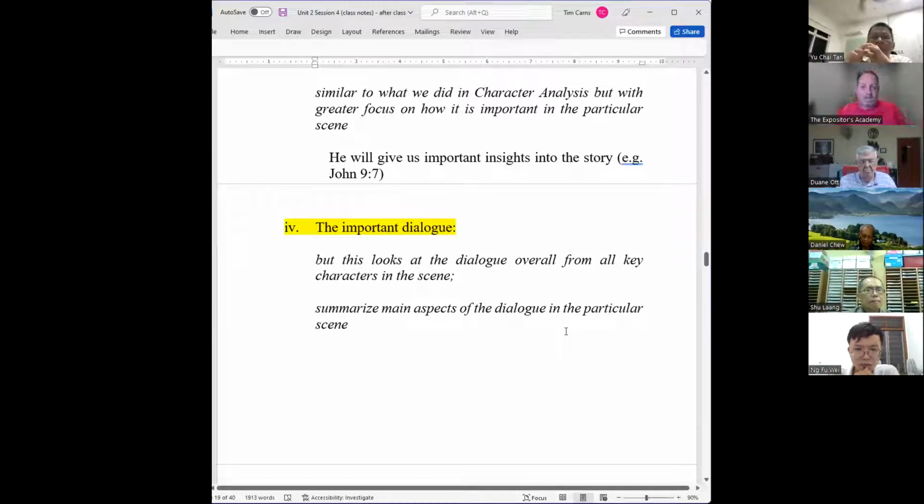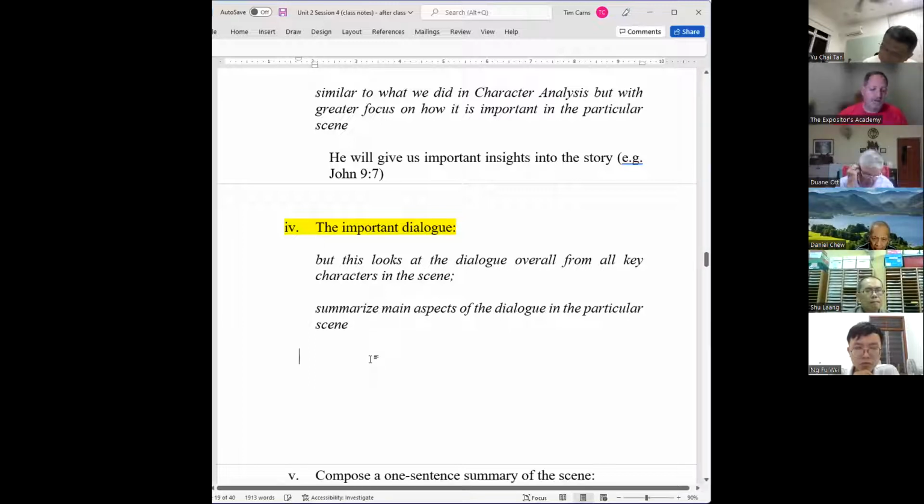Again, the dialogue is the interaction, what the characters say. As we examine what the characters say, are there any statements they make that seem important to the point of the story? All right, so that's the fourth thing.